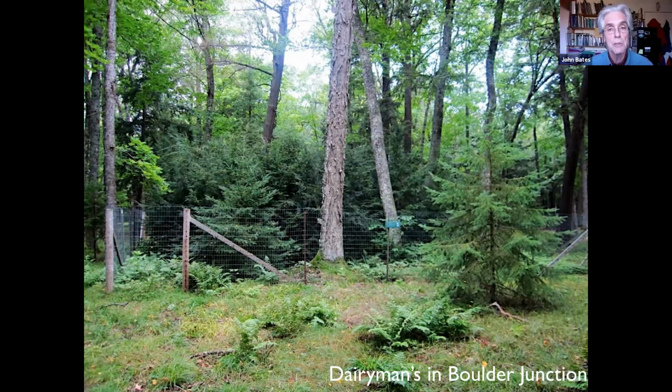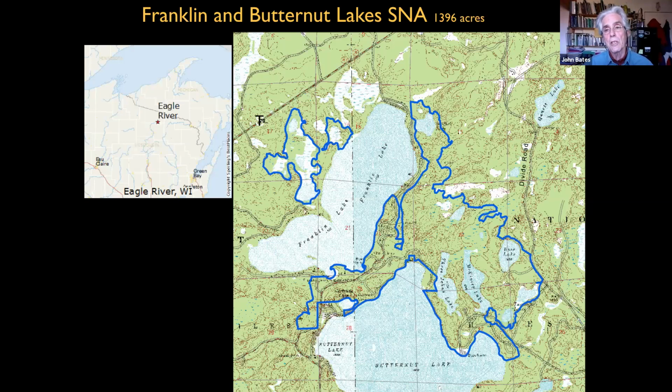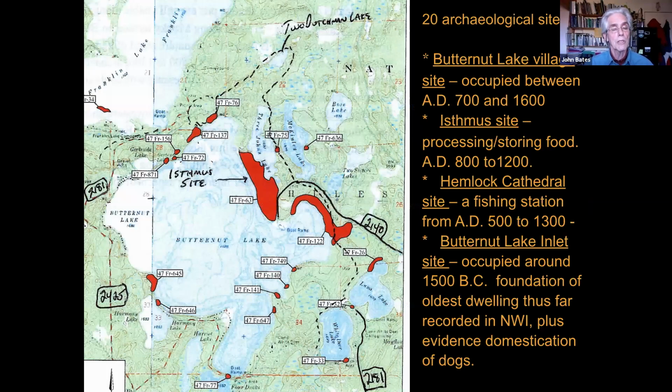Franklin Butternut Lakes State Natural Area has some wonderful old growth along a state nature trail. It also happens to be a fabulous archaeological site with people occupying this area for over 8,000 years. So there's the reverence of the old trees, but it's also the reverence in this site of long established human occupation.